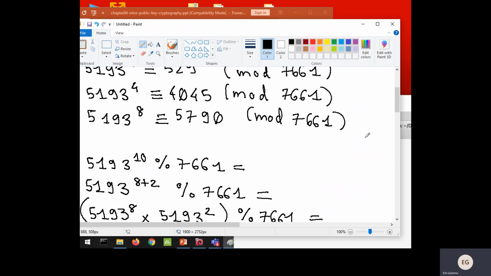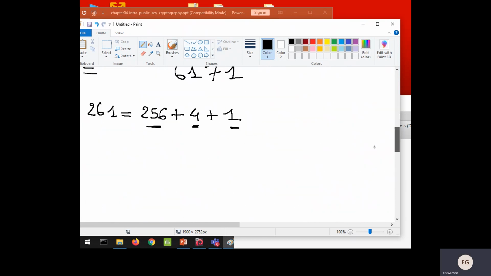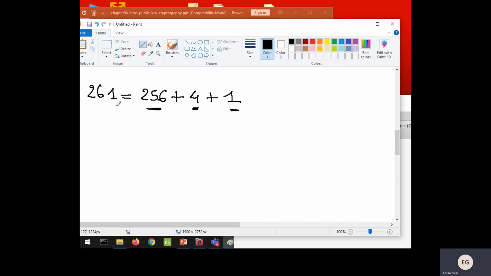When you have the power of 256, which is easy to obtain because it's just a square, as you have seen, we can obtain the power of 261.